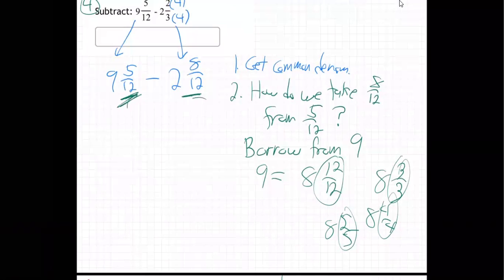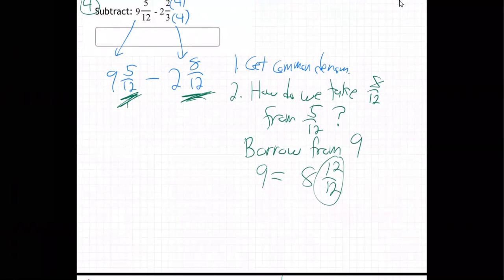Well, why do I use 12/12? Because that's the denominator in our problem. That's the common denominator we established on step number 1. So that's the common denominator I need to use. So I make it 8 and 12/12. That's just a fancy way of saying 9. It's kind of like taking $9 and saying, oh, it's $8 and then some change, right?